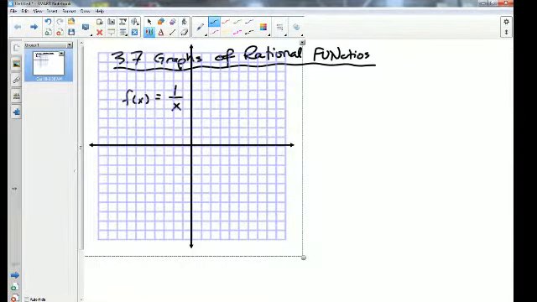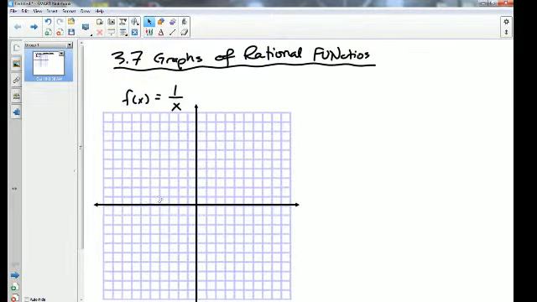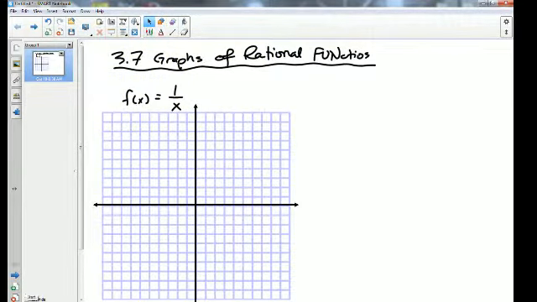We could make it really difficult, but we're not going to. So we're basically dealing with everything 1 over x, all the children. Hopefully they don't act like teenagers. That's when things get difficult, right?